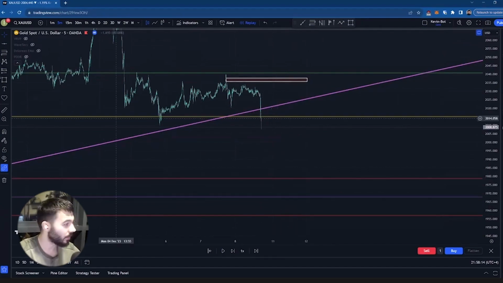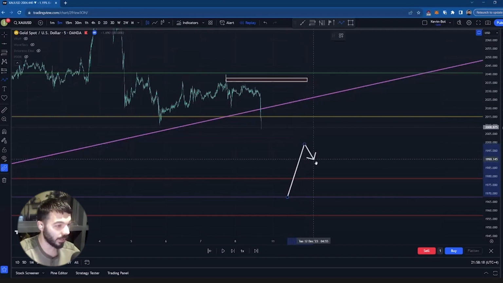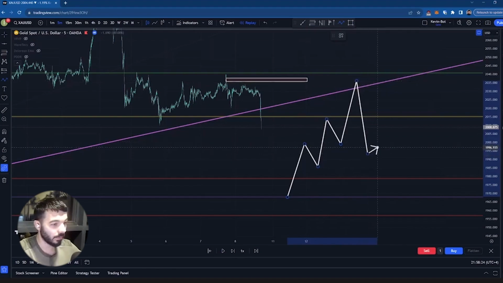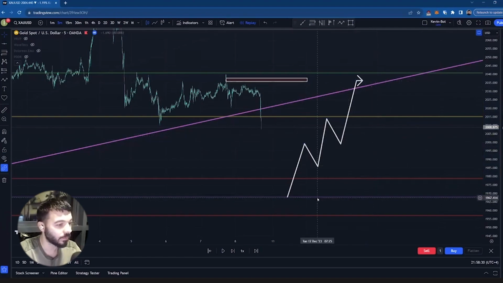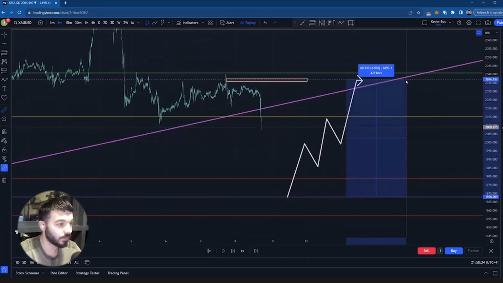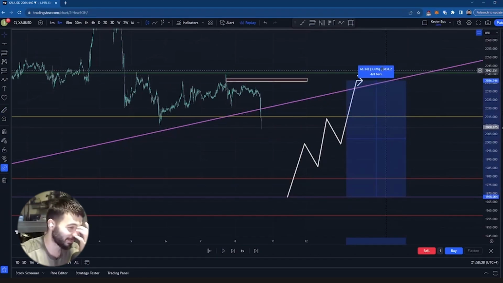Well, likelihood, at the very least. From here, might have some back and forths, but then we come into this zone. Didn't mean to draw that. Yeah, we come into this zone. So what a move that will be. Wow, 683 pips.